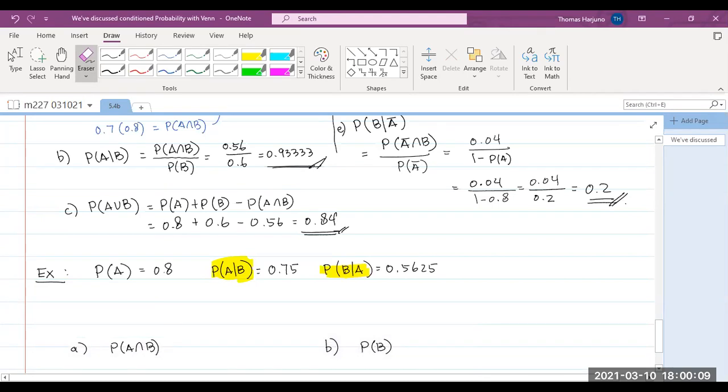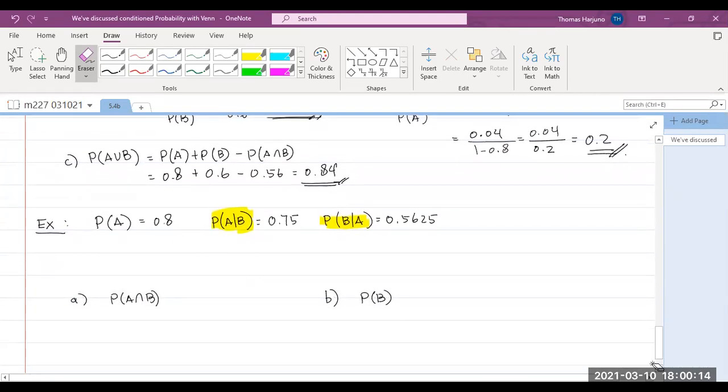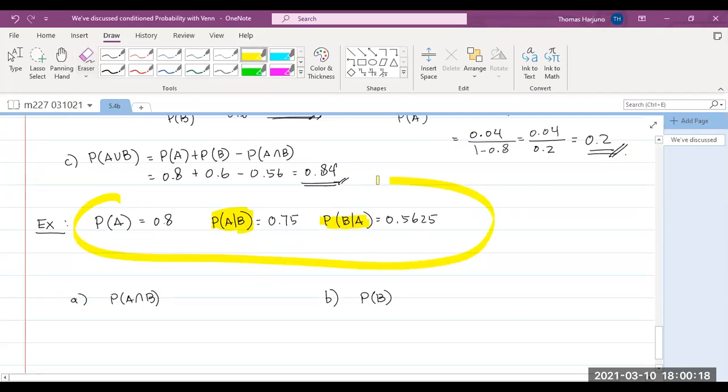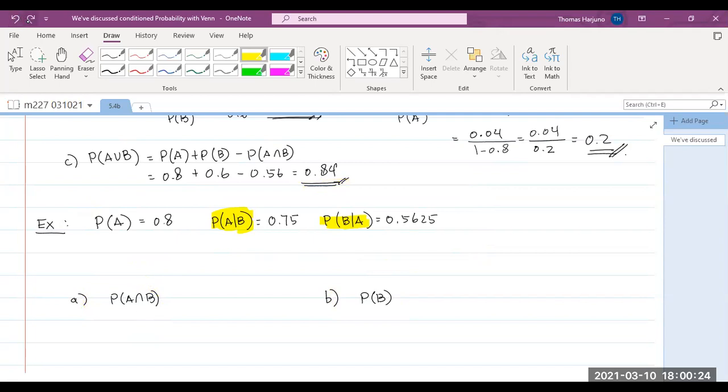Okay, let's get ready. I don't really see the relationship between what is given here and what we need to answer. So what should I do, Thomas? Well, let's write down the formula first related to this condition and the other condition.